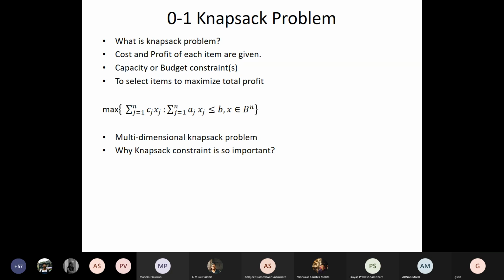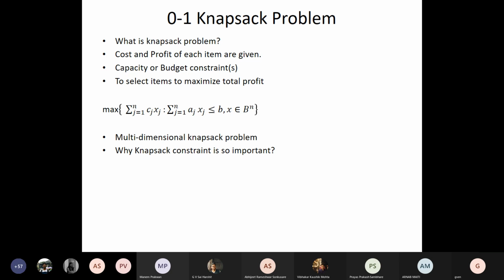This type of problem is very common in manufacturing and service sectors, where you have certain capacity and you have to intelligently decide which items to be loaded or produced, to maximize your return. So this problem is known as the knapsack problem.